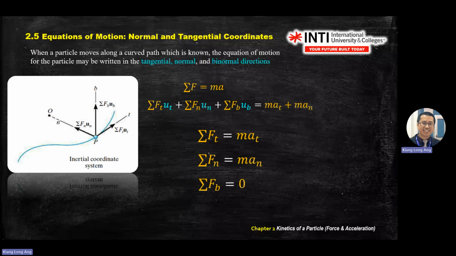Then force for B is 0 in this case when the object is moving in the plane. There's no force making it go up. So this is automatically assumed 0. Again, this is important.